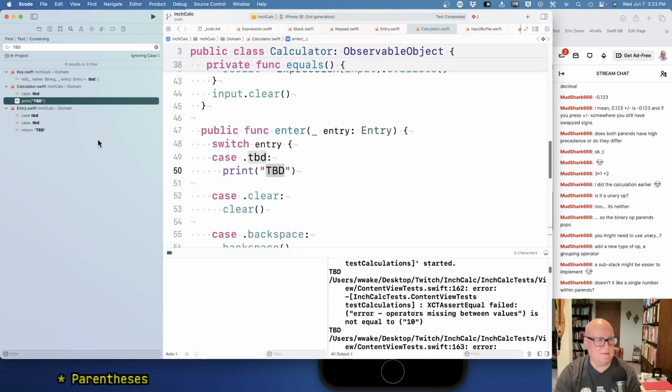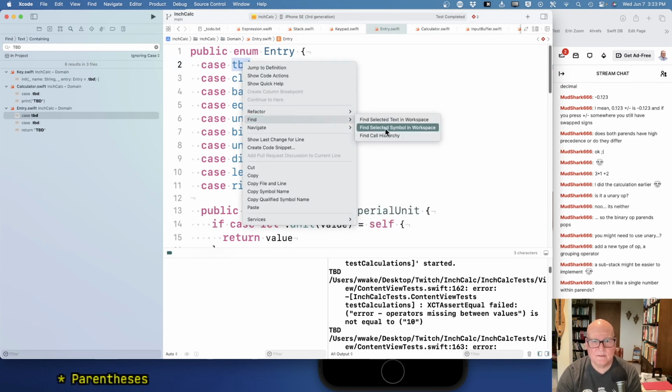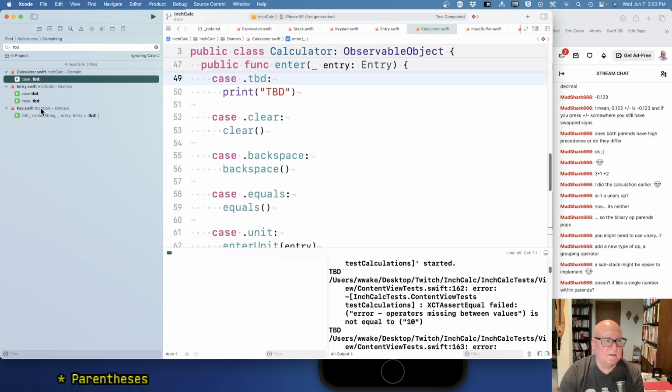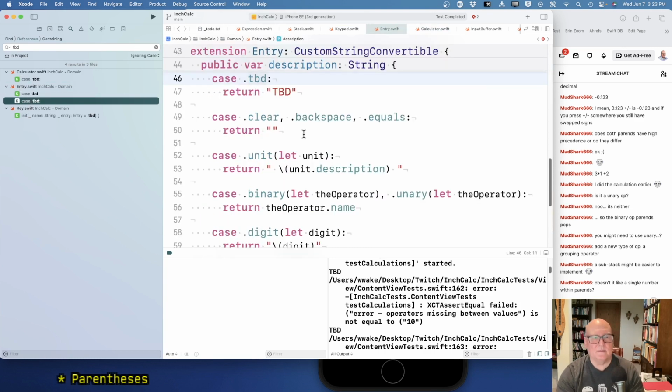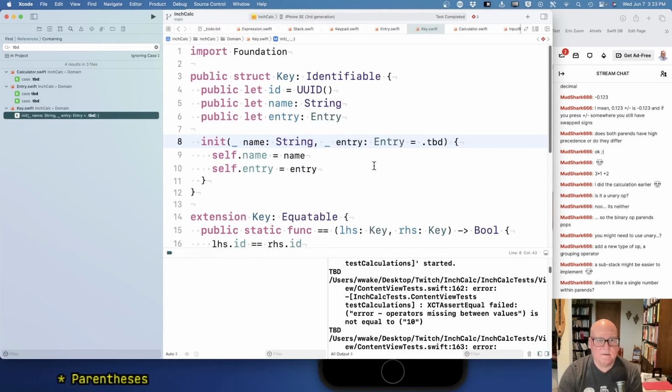TBD. Who uses that? Right. Good. Entry equals TBD. Okay, key. Somehow.